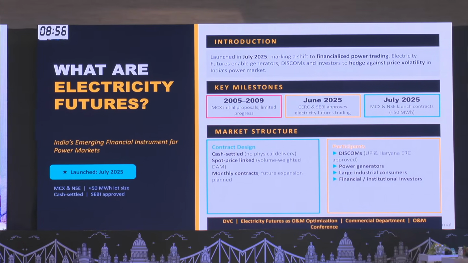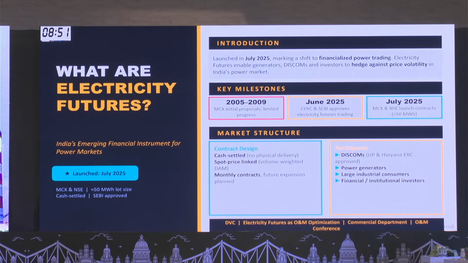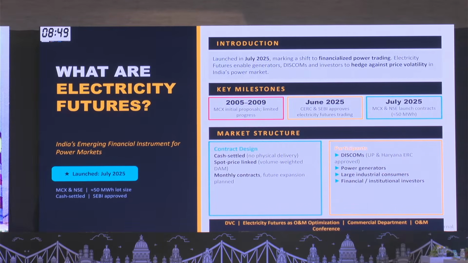Electricity derivatives were launched in the Indian market in July 25, and are now traded on MCX and NSE. It's a step towards financialization of the Indian power sector. These are cash-settled financial contracts, primarily to hedge against price volatility of the spot market.